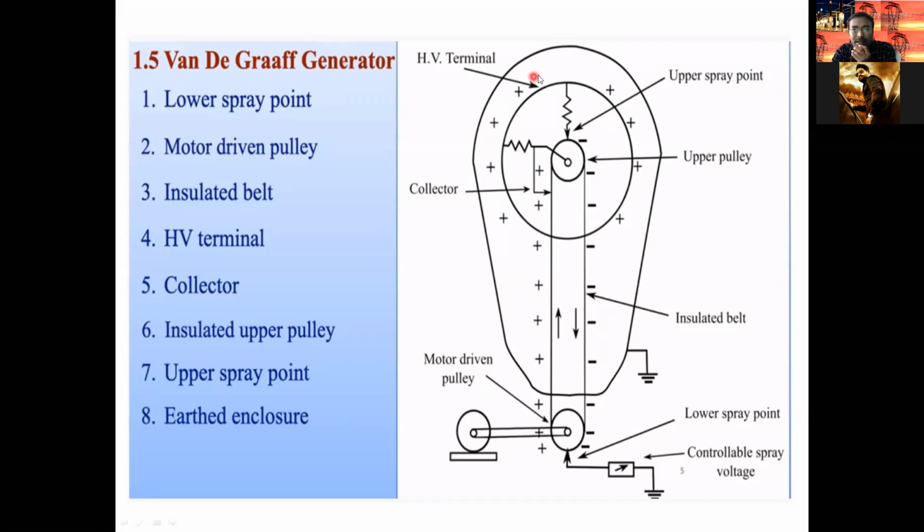So whatever charge is placed on the sphere cannot easily discharge to the air. That's why generation of high voltages is possible, if the upper sphere is placed in the earthed enclosure.